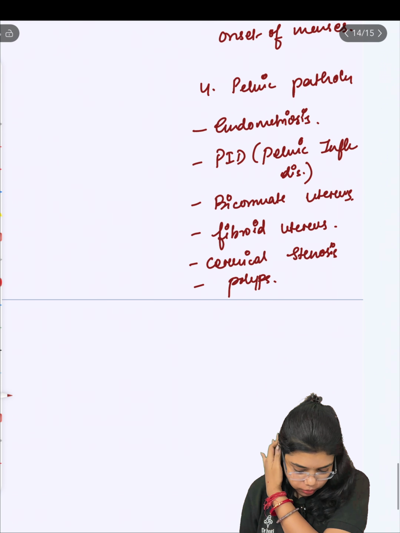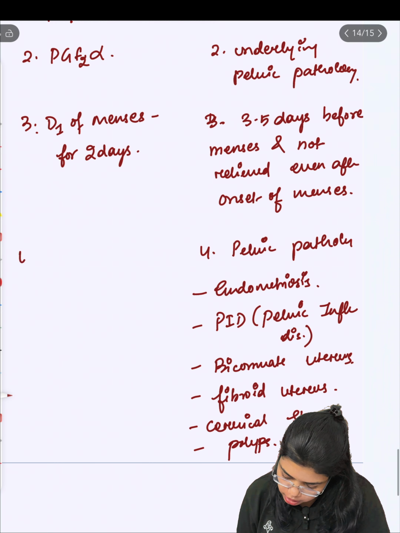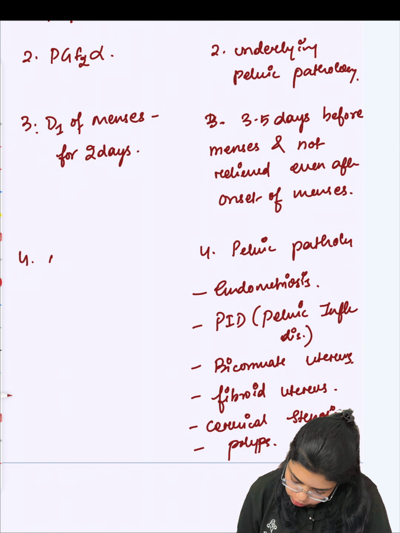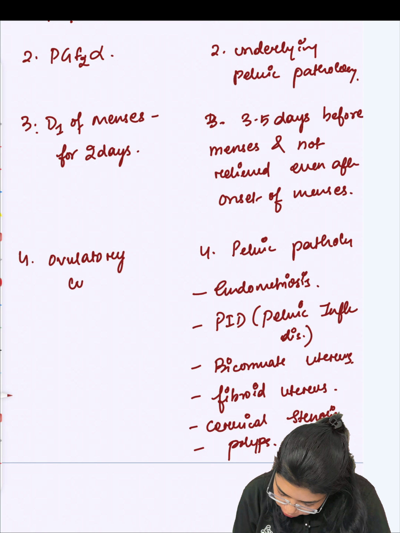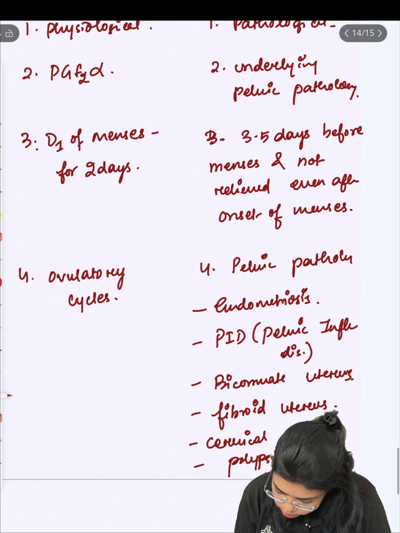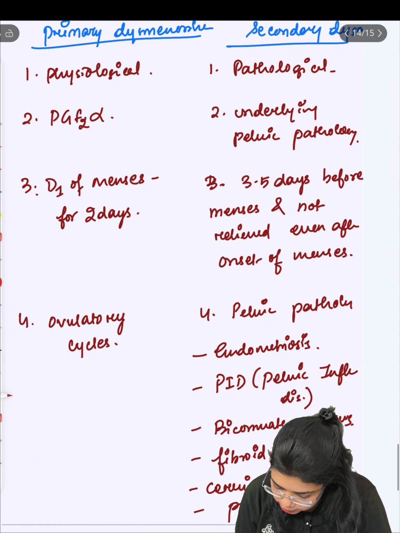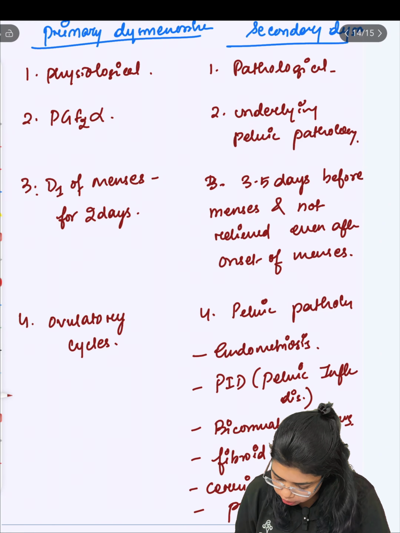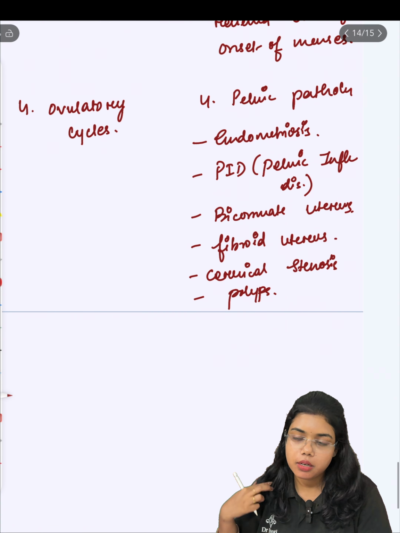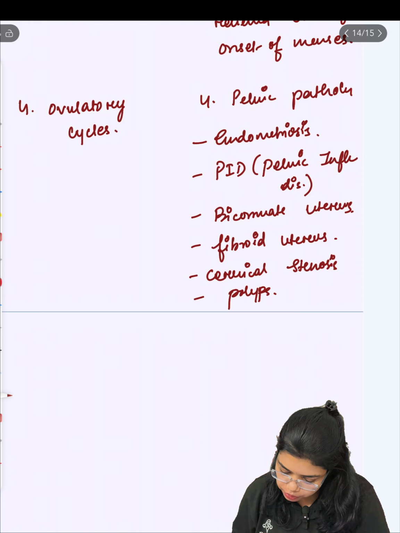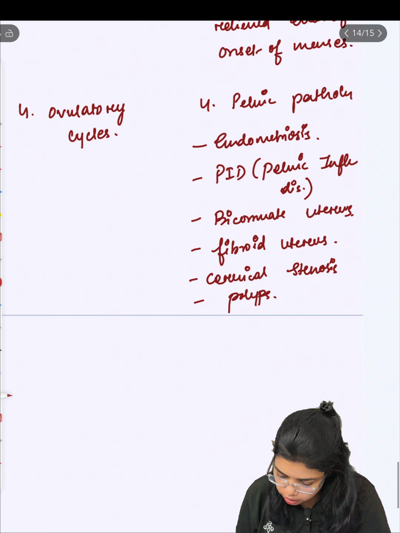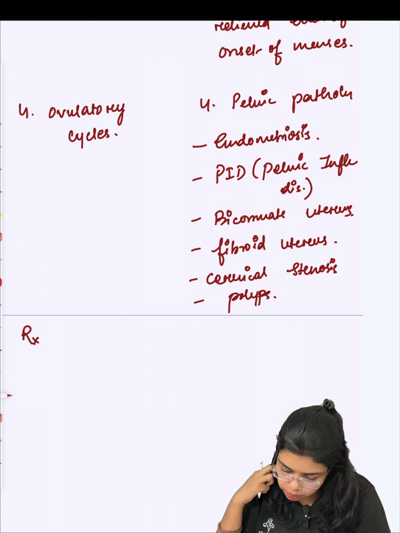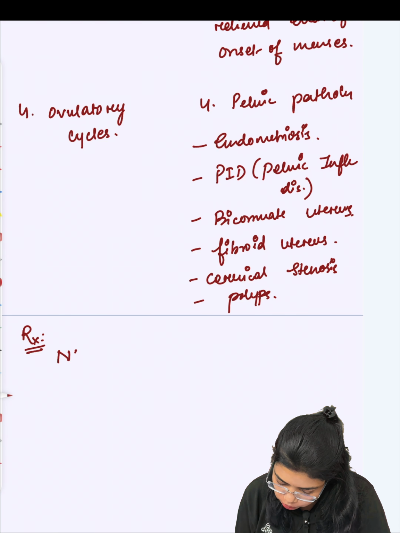And primary dysmenorrhea is important as it is related to ovulatory cycles. So all the ovulatory cycles are painful and anovulatory cycles are painless. So what will be the treatment? If we make the cycles anovulatory, then the primary dysmenorrhea will disappear. So what are the medications that make the cycles anovulatory?